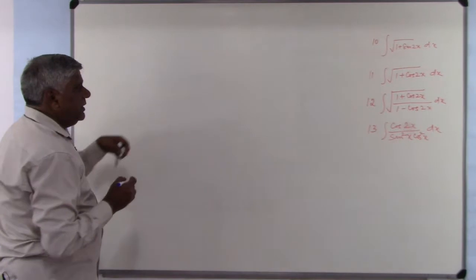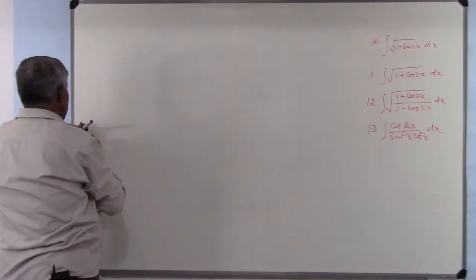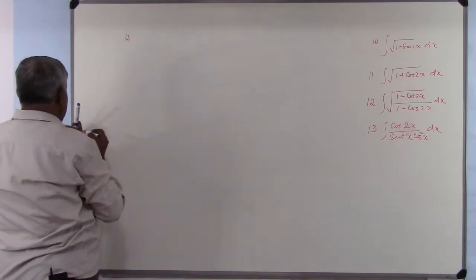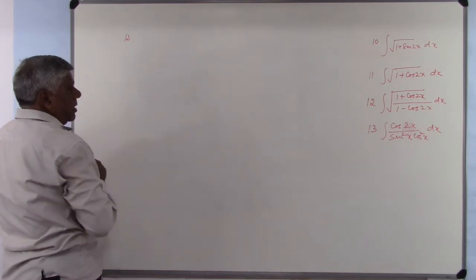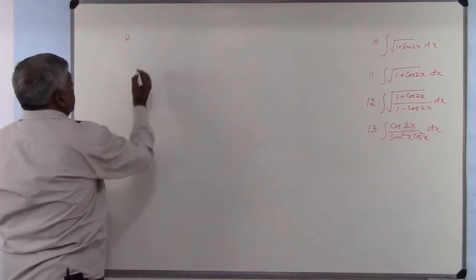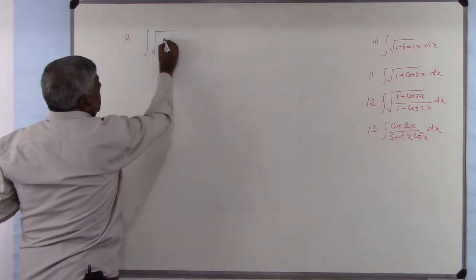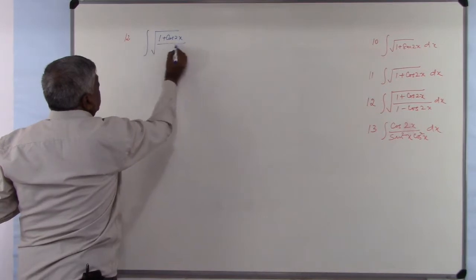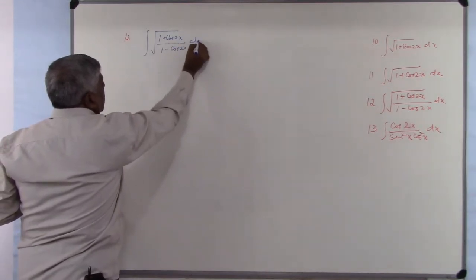Now we will see the 12th problem. Integral root of 1 plus cos 2x by 1 minus cos 2x dx.